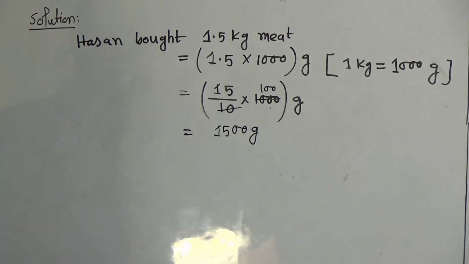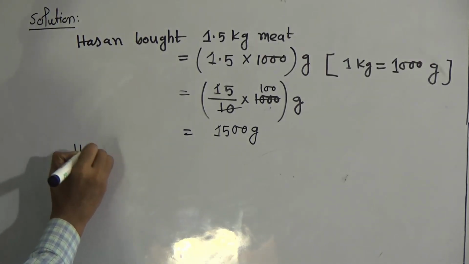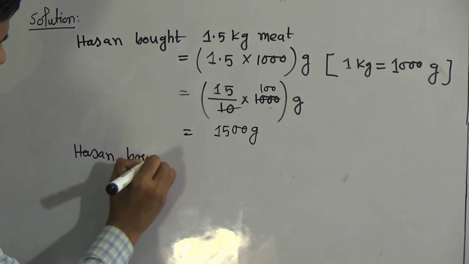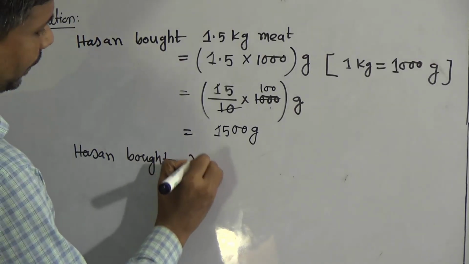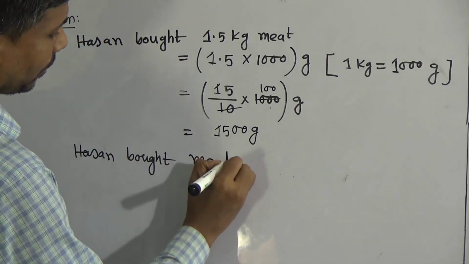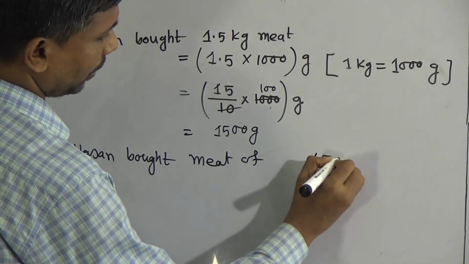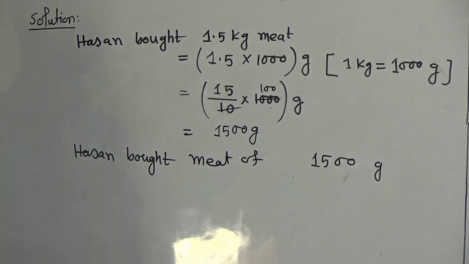Now write, Hassan bought meat of 1500 gram. 895 grams remaining. Okay, right.